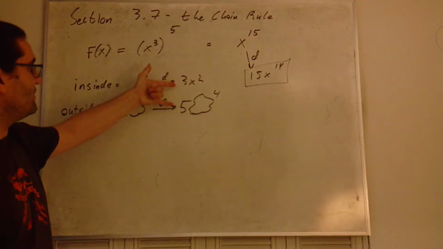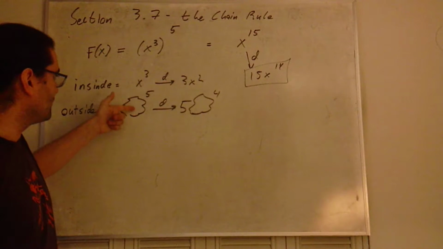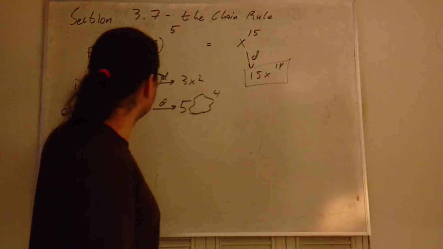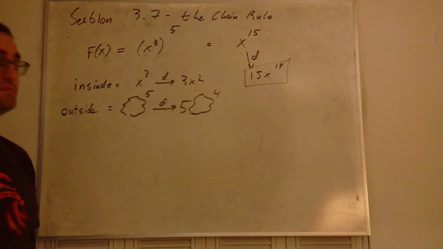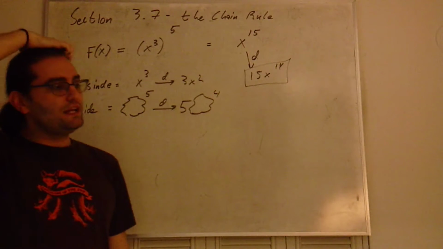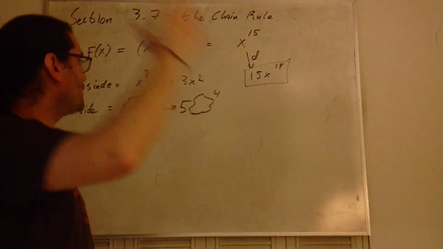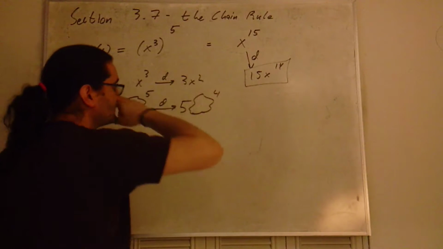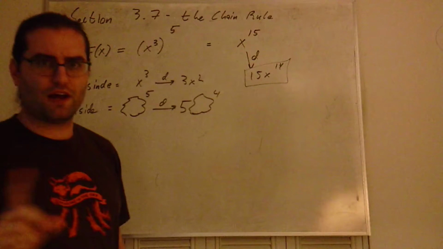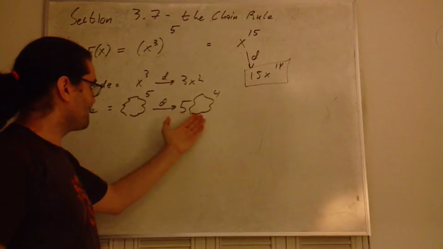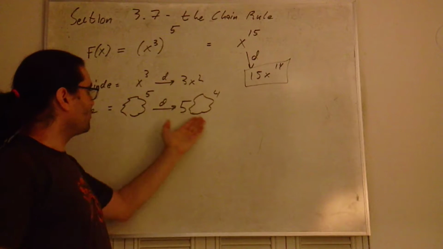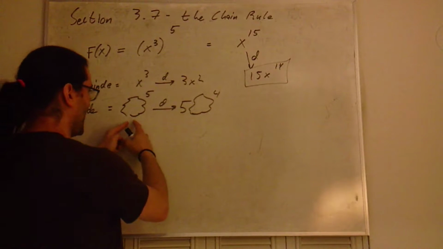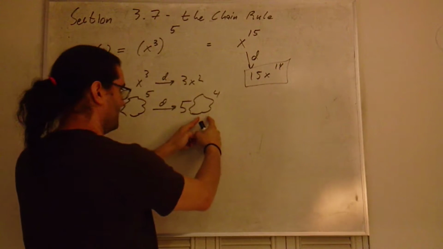So these are our individual derivatives. Derivative of something to the fifth is 5 somethings to the fourth. Derivative of x cubed is 3x squared. We need to combine these pieces somehow to end up ultimately with this thing. But before we start combining things, I want to talk about this blob. This blob has to be the same thing as this blob.